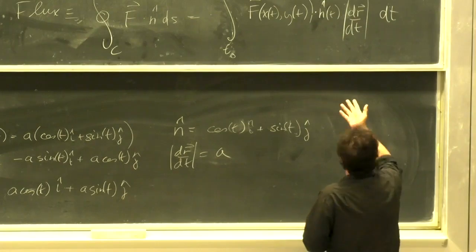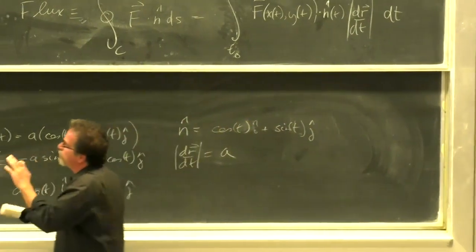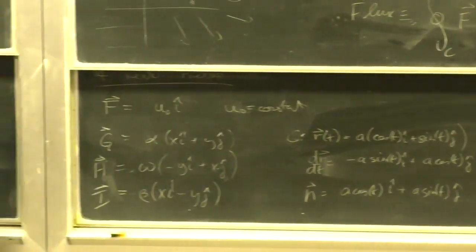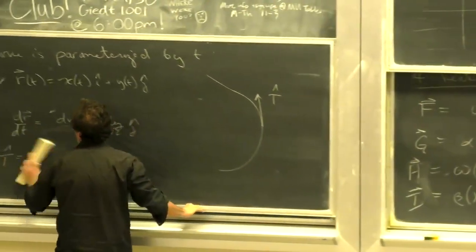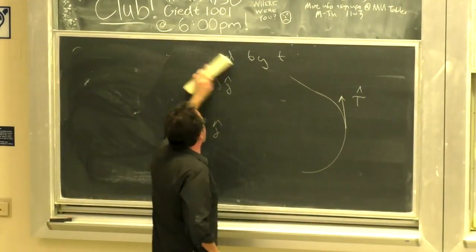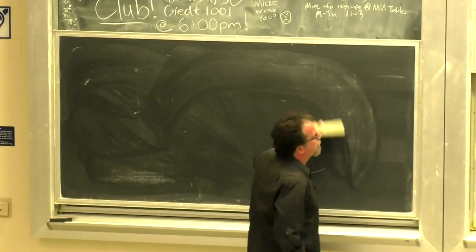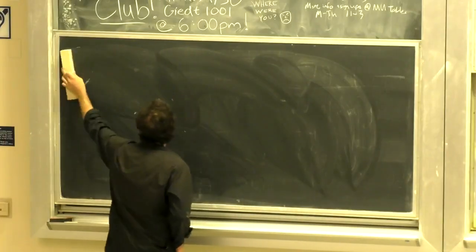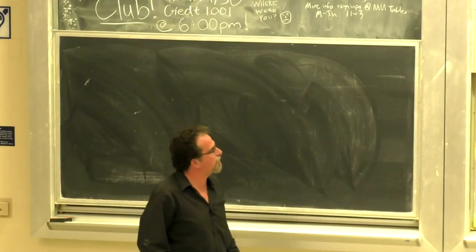So the integrals that I need to compute, I'm going to do them over here. The flux for vector field G, no, F. I guess I should start with F. Let's at least go alphabetical.